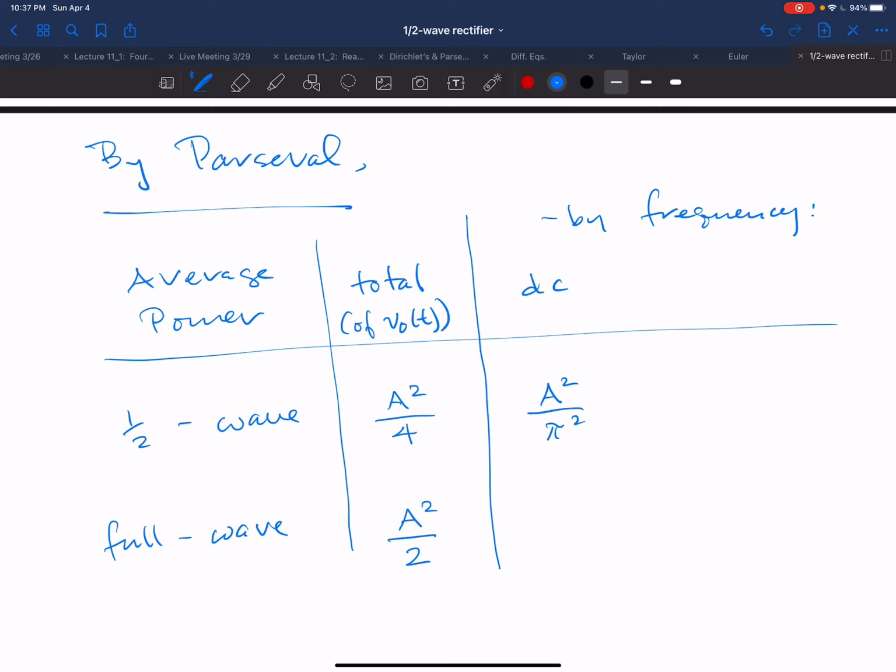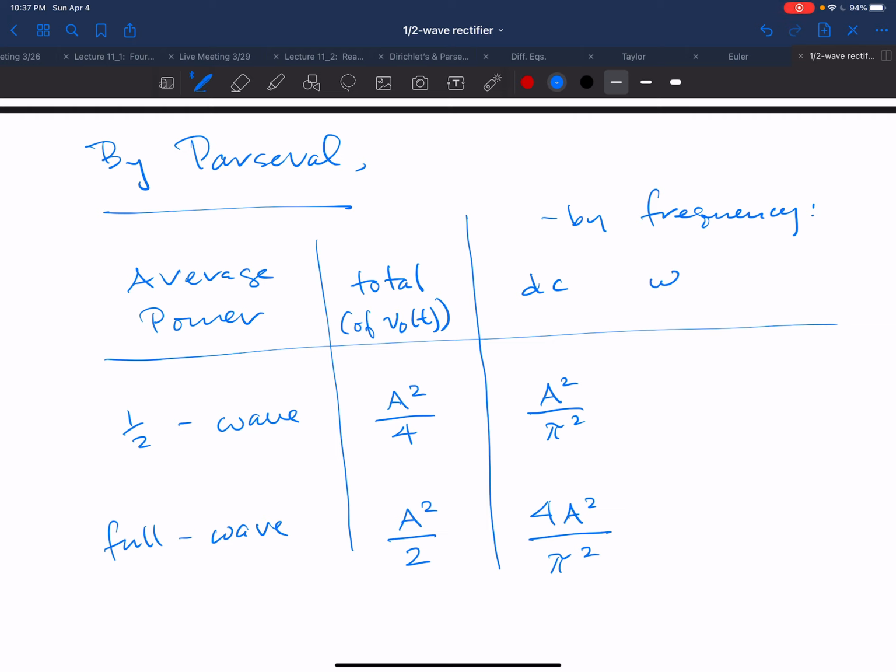So the average power in that DC signal will just be the square of that voltage, A squared over pi squared. With the full-wave rectifier, we had twice that DC component. So when we square that to get the power in the DC component, we'll get 4 times what we had in the case of the half-wave rectifier.